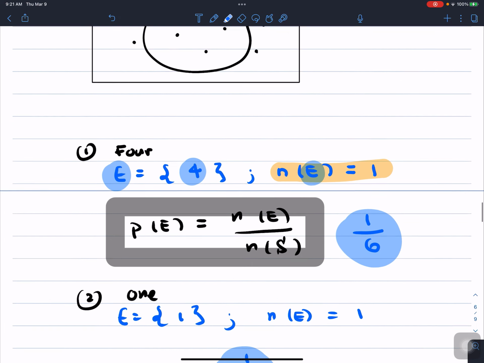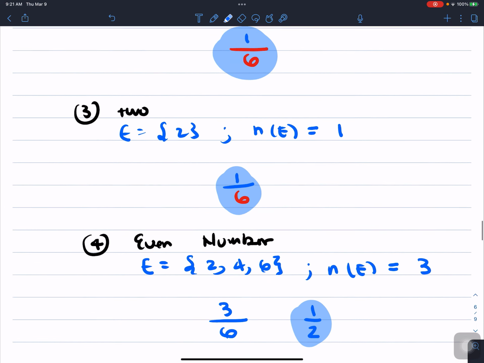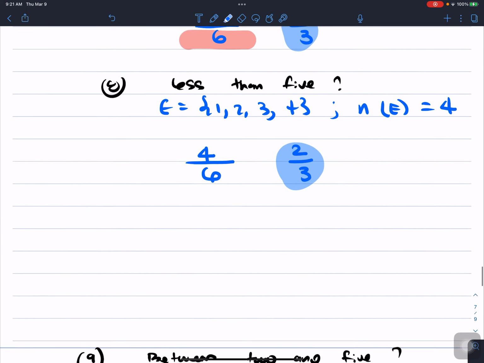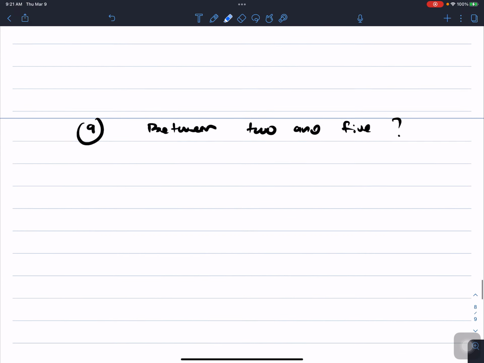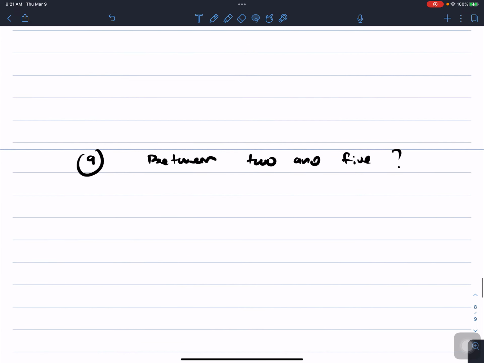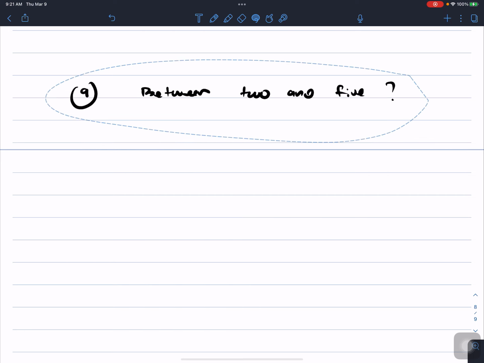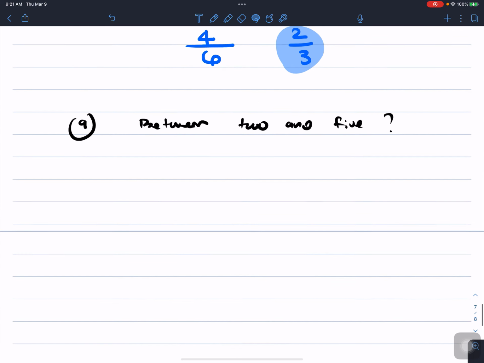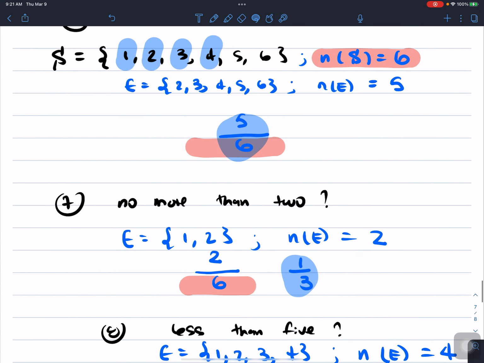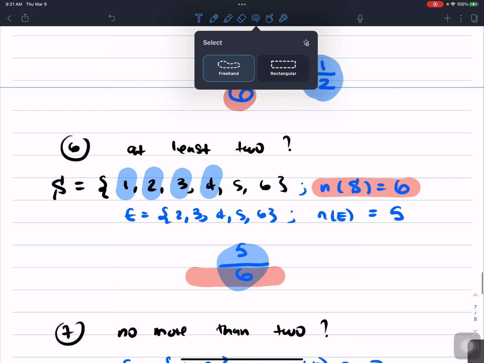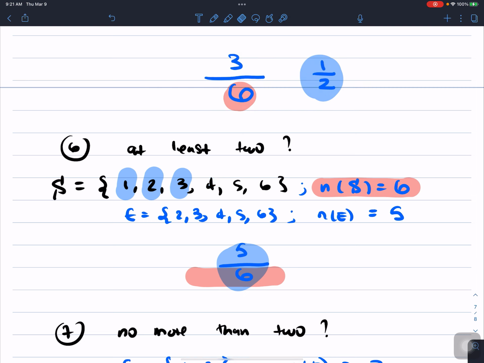Okay, good. Let's go back and say, where are we at? What's number 9? Oh, here we go. Number 9, between 2 and 5. Do you guys remember between 2 and 5? Wasn't that inclusive? 2, 3, 4, 5.